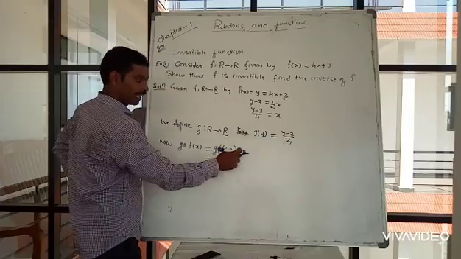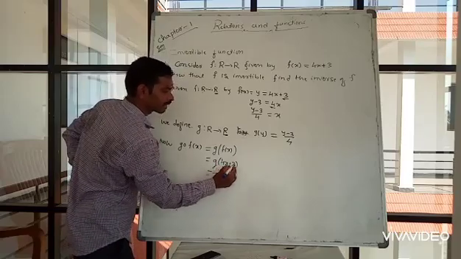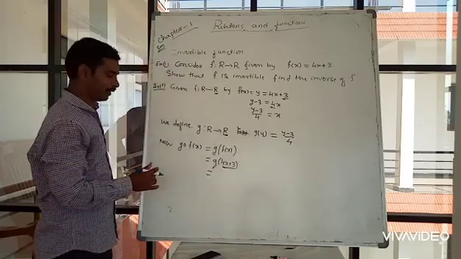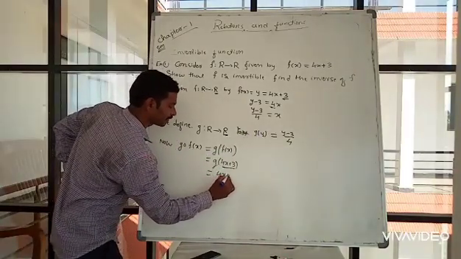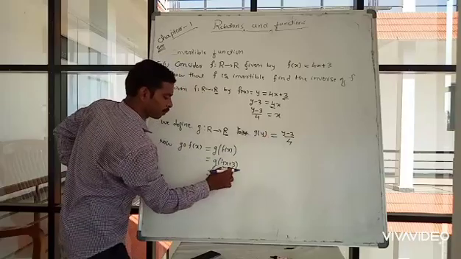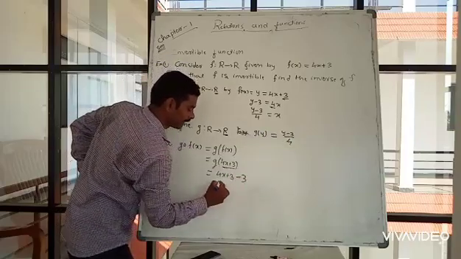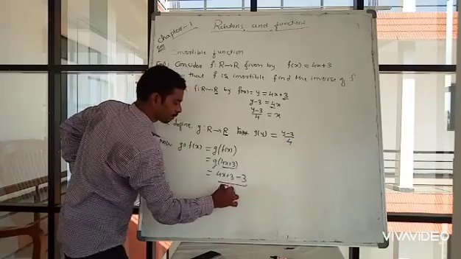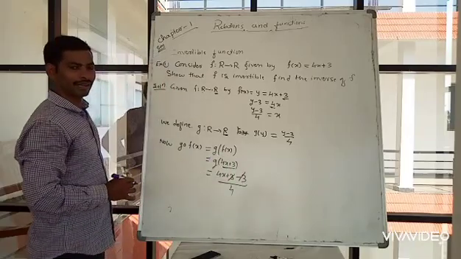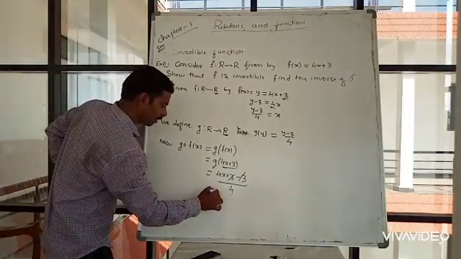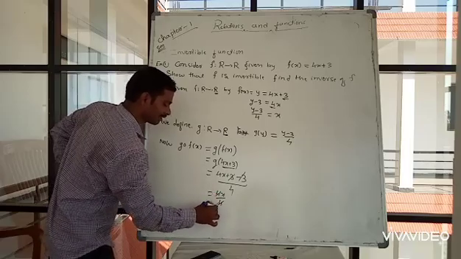So in place of y, we replace 4x + 3 in the definition of g(y). It becomes (4x + 3 minus 3) divided by 4. This plus 3 and this minus 3 get cancelled. We get 4x divided by 4, and again they cancel. We get x.